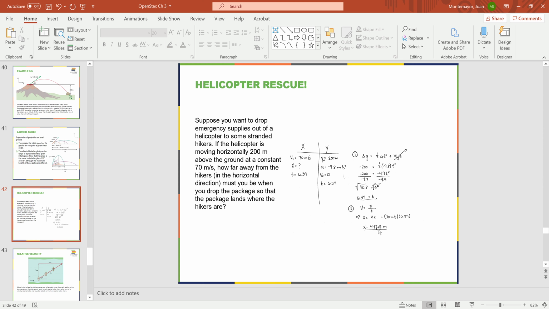That's how far before the actual drop site we have to drop the supplies so they can actually reach the hikers. So if you're able to find your time, you can pretty much figure out what distance before the hikers you can actually drop them.